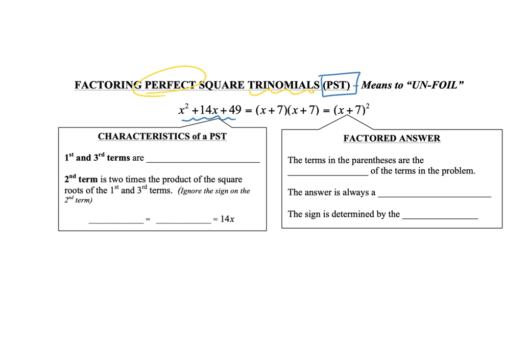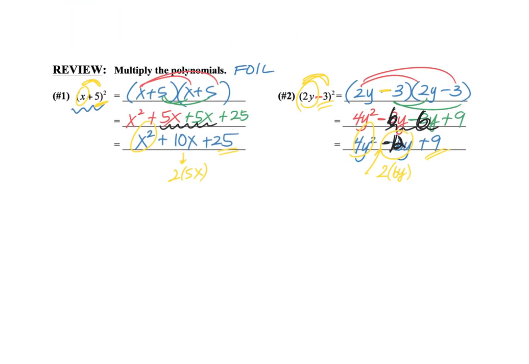And when I'm looking at that, the characteristics of this shortcut are that my first and my third terms are perfect squares. I can find those on my card. So in this particular case, x squared is perfect, 49 is perfect. The middle term here is always going to be 2 times the product of the square roots of those other terms. So I kept saying it was double, right?